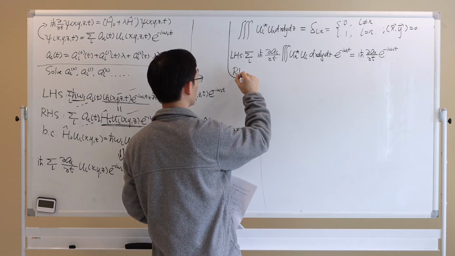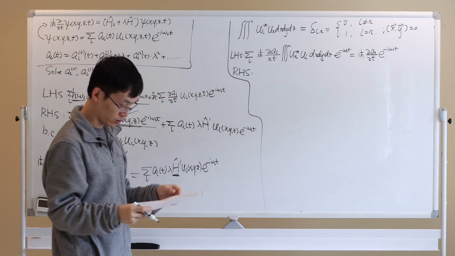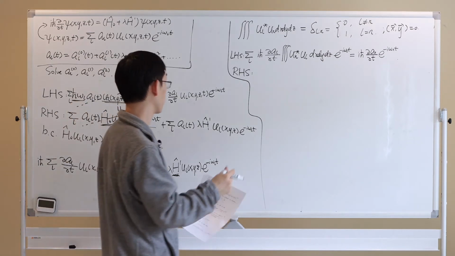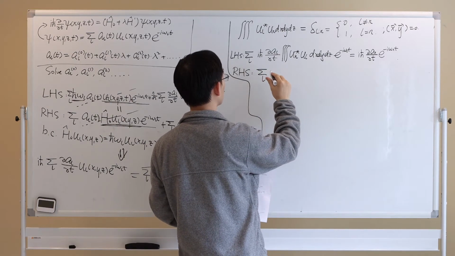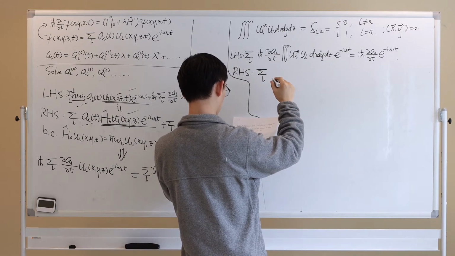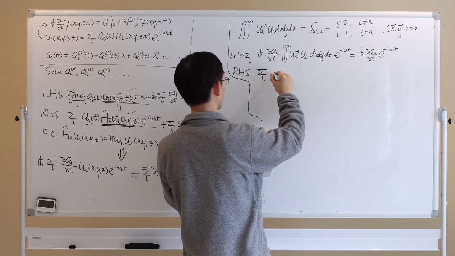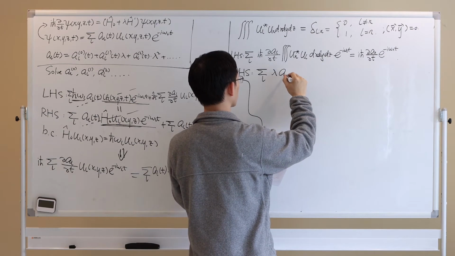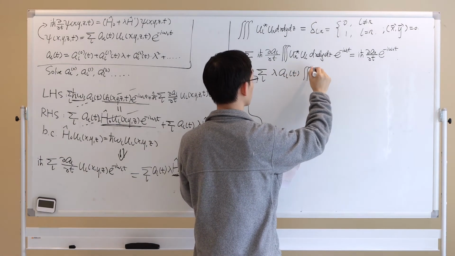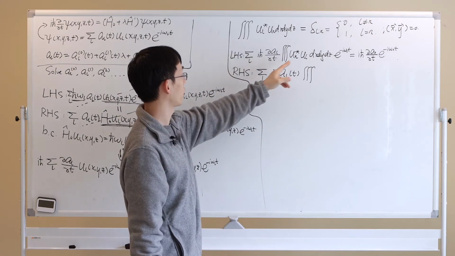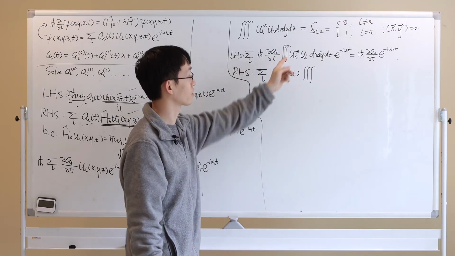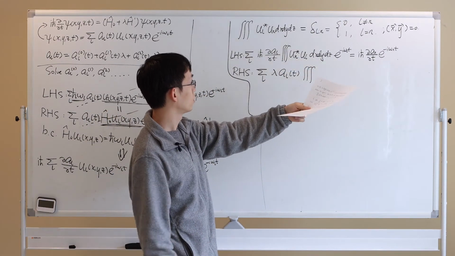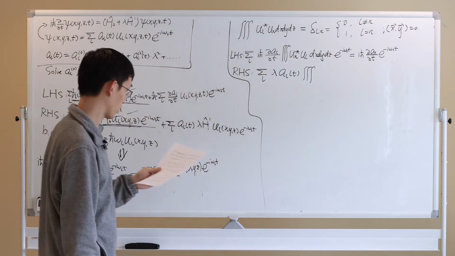And then the right-hand side, you do the same trick here, and then you have sum over l, λ, a_l(t) integration. The reason this goes out of the integration is because they're not a function of x, y, z. They're not a function of position. So in reality, you can put this out in the front as well.